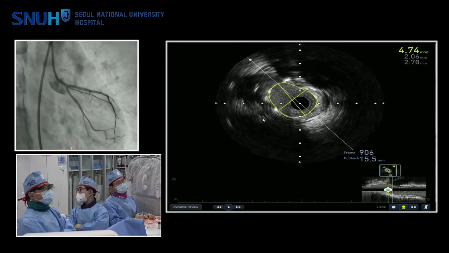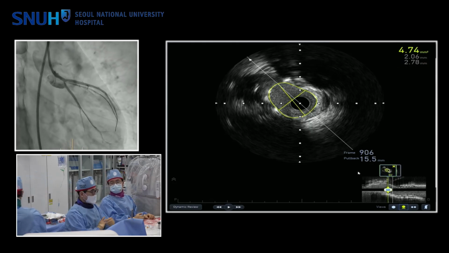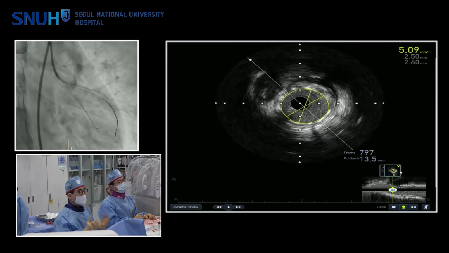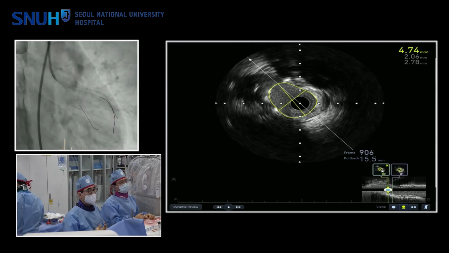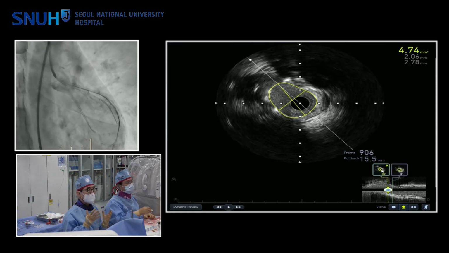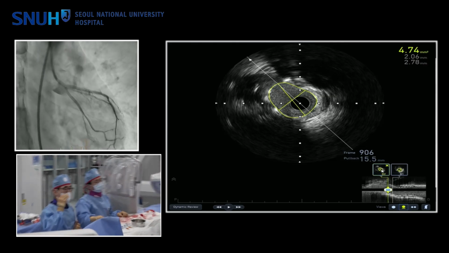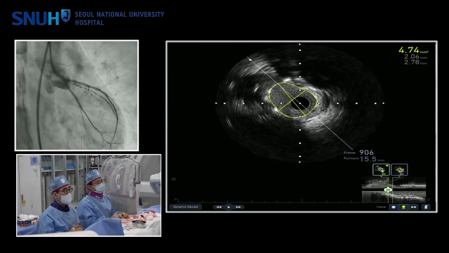Okay, 3.0 NC balloon. Well, let us examine after NC with high pressure balloon at the LAD ostium and left main how much the circumflex impingement happens.